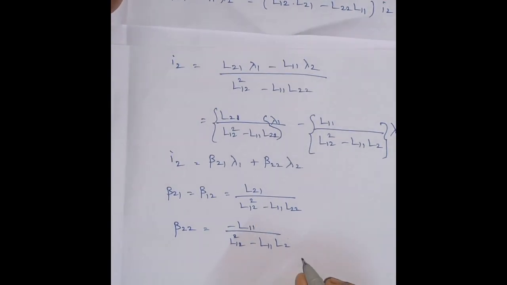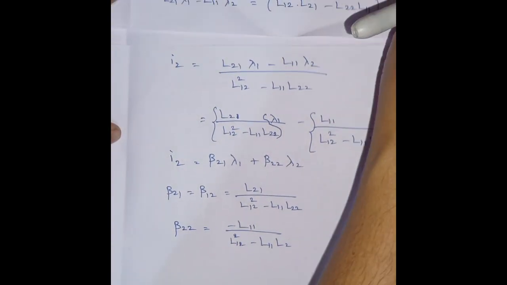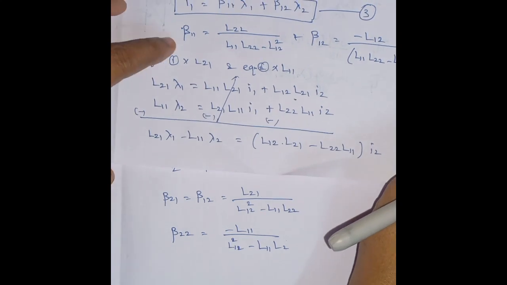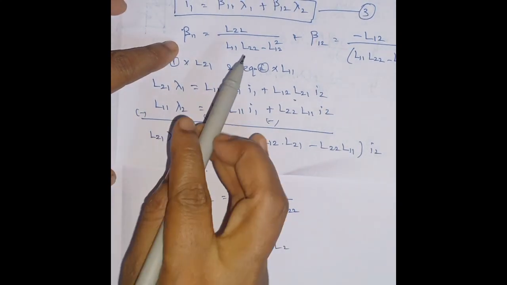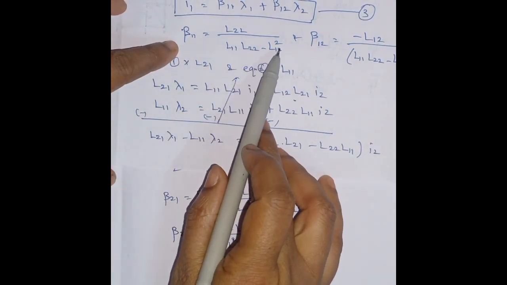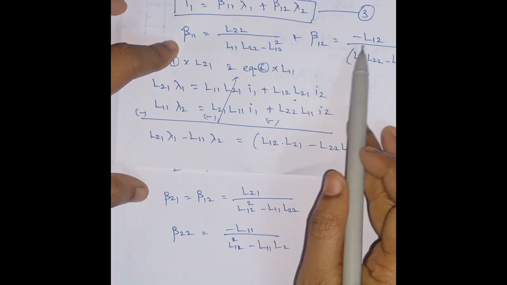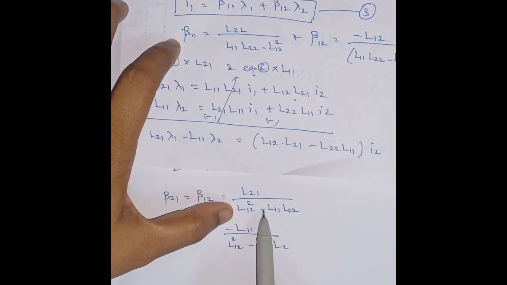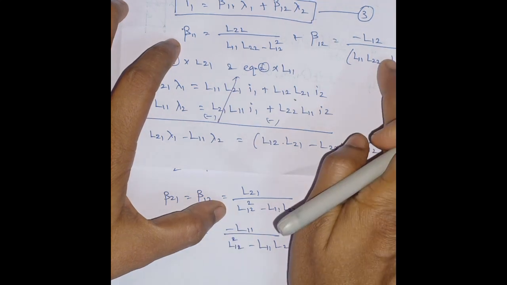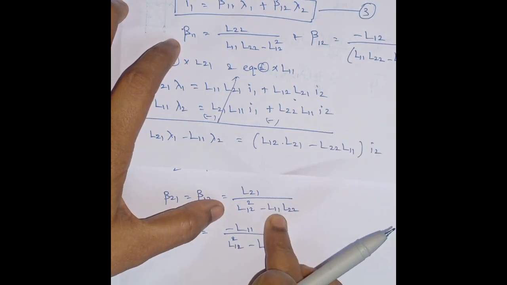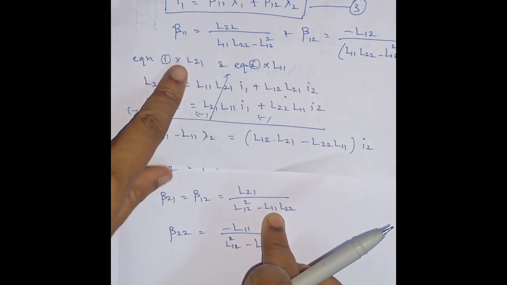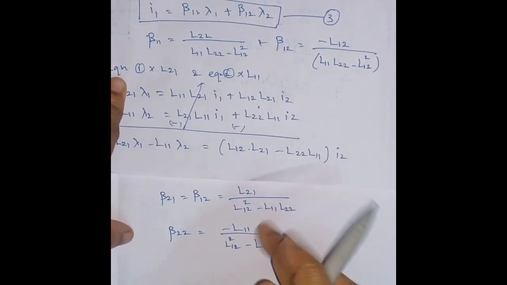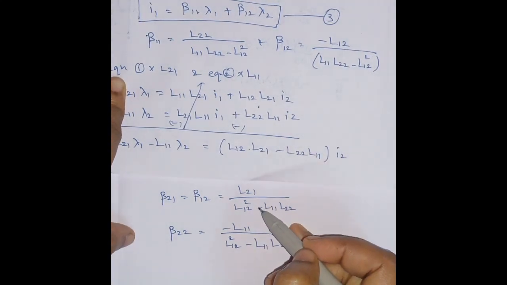See here, previously we found the same thing. Beta 11 is L22 divided by L11 L22 minus L12 square. Beta 12 is minus L12 divided by the same. If we take this negative outside, beta 12 and beta 21 will be the same.